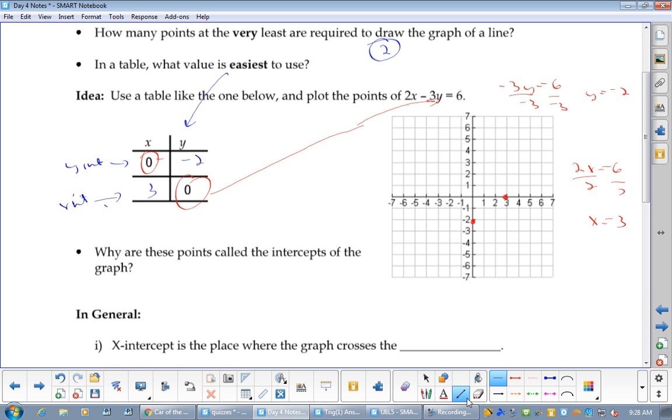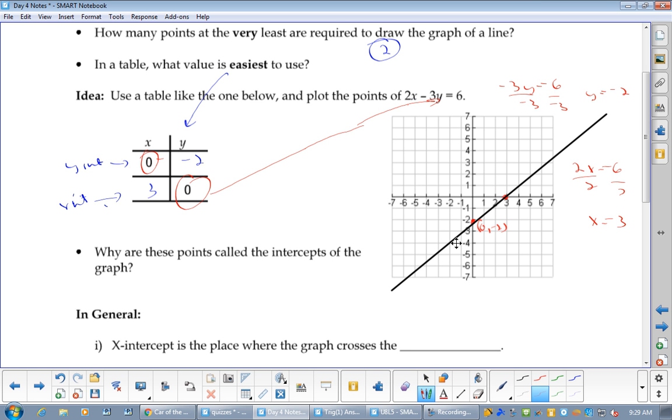Get out our line. Draw it up. Okay, so that would be the equation. That would be the line. So I hope you can see that the y-intercept is 0, negative 2.